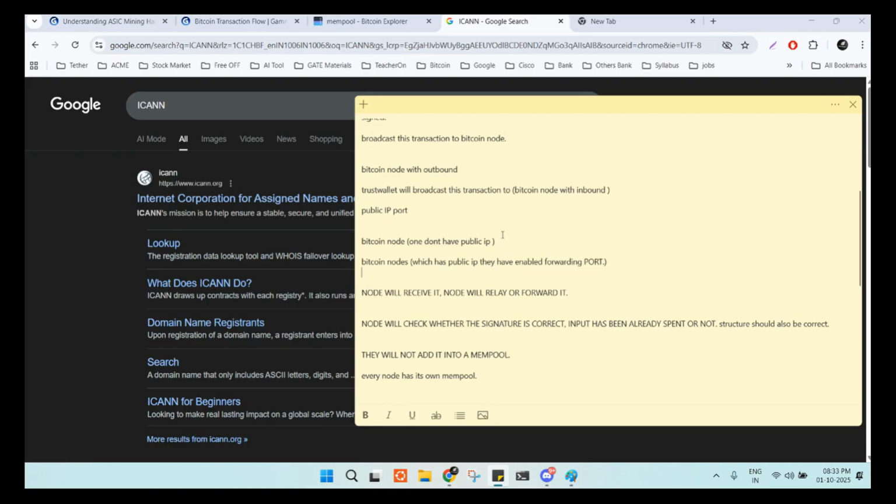That Bitcoin node which has a public IP and has enabled port forwarding. So what is the use of the first one, if they accepted the transaction without a public IP? What is the use of this node?